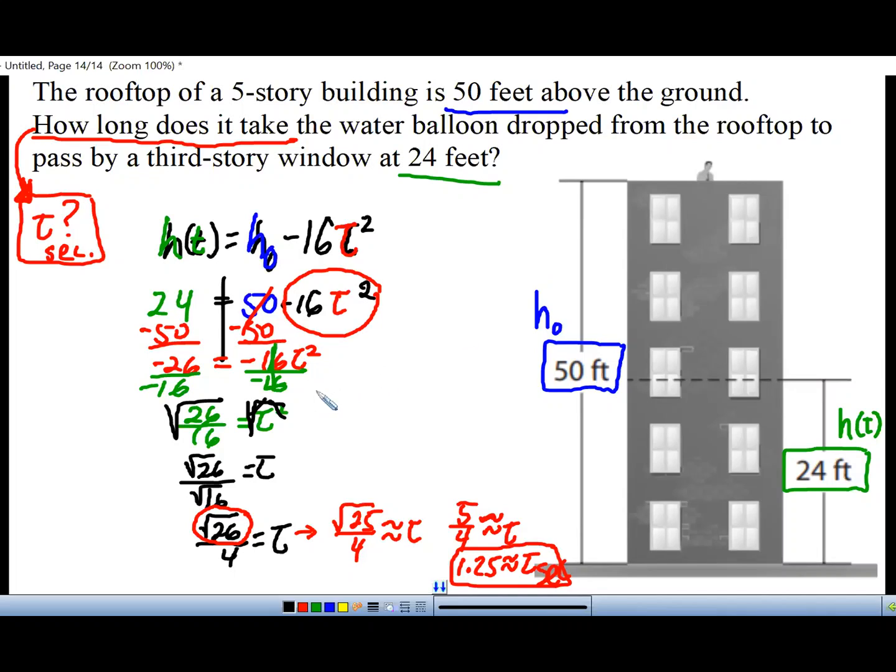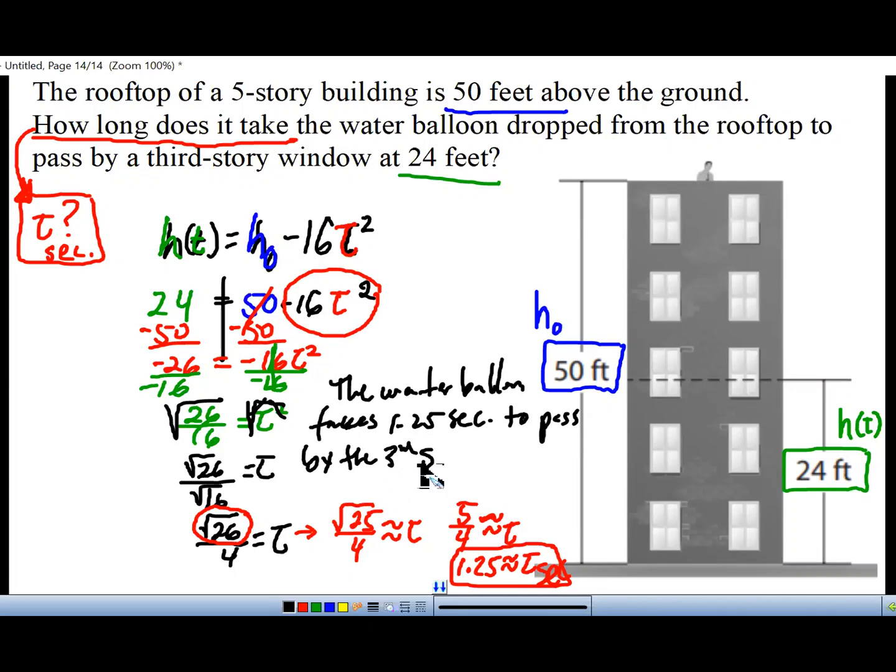The water balloon takes 1.25 seconds to pass by the third story window. Nice. The water balloon takes 1.25 seconds to pass by the third story window. Thank you. That is correct.